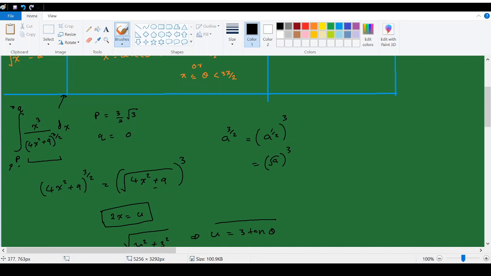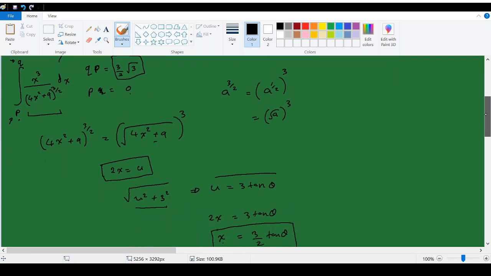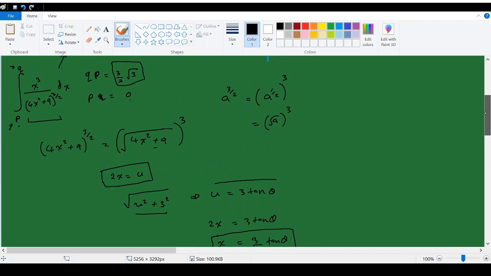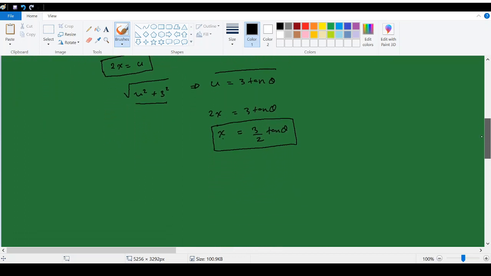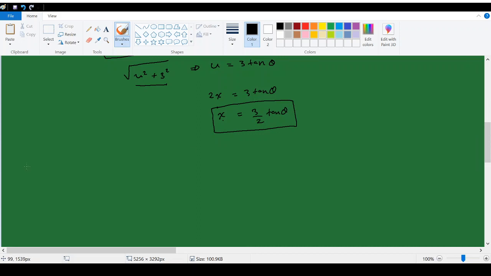The lower limit should be equal to 0 and the upper limit should be equal to 3 by 2 times root 3. Now this upper limit might look a bit weird, but when you are doing the calculation you will see that it is somewhat easy for the simplifications, right?